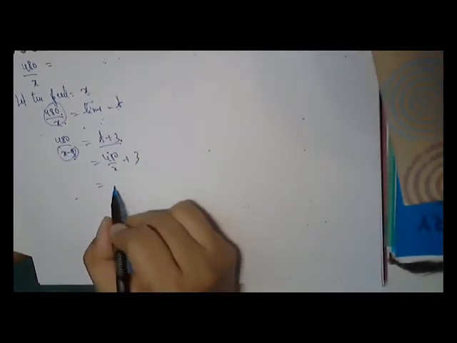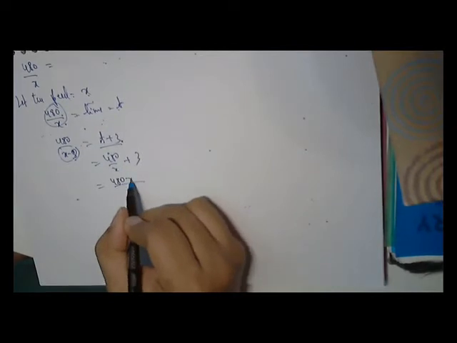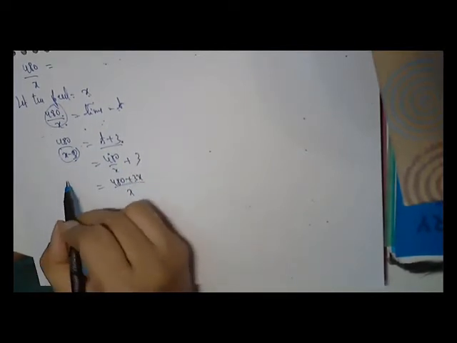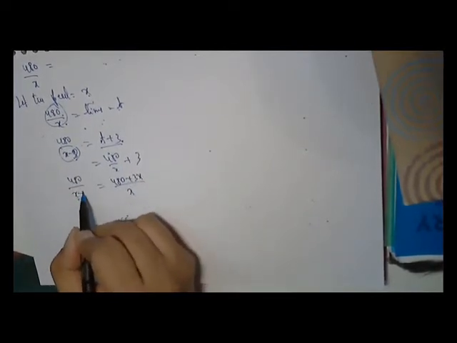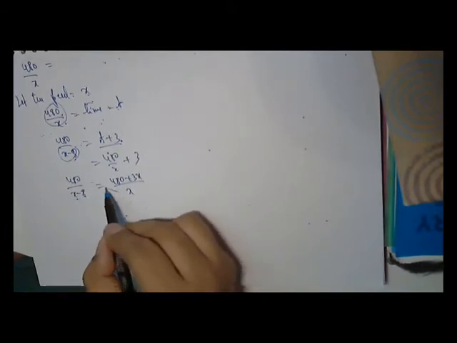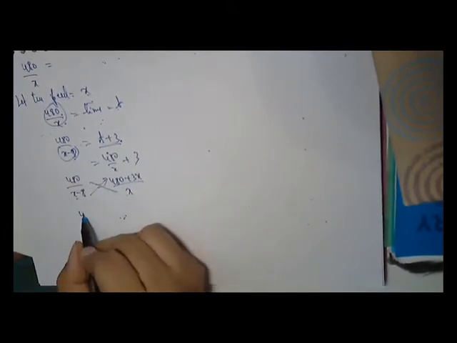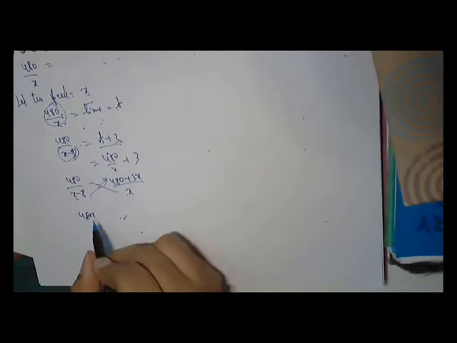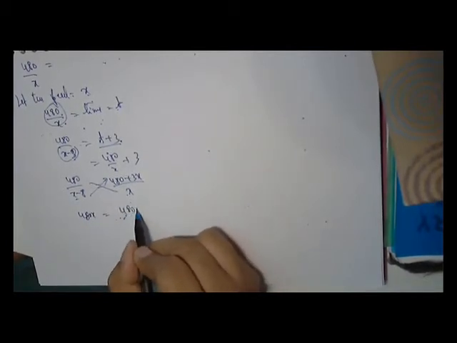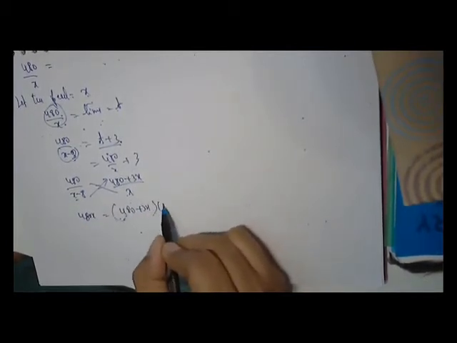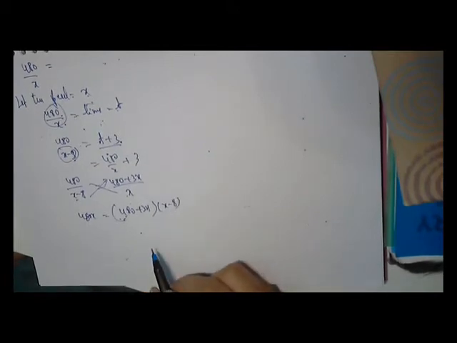So I am doing LCM here: 480 plus 3x over x, equal to 480 by x minus 8. So when we cross multiply, 480 into x is equal to 480 plus 3x into x minus 8.